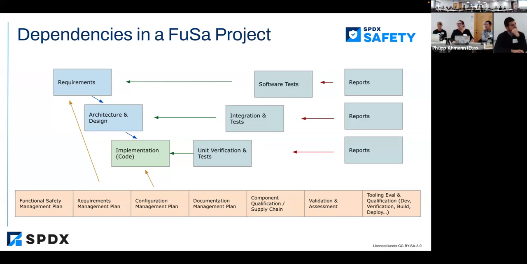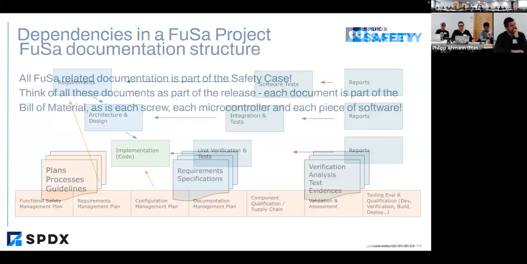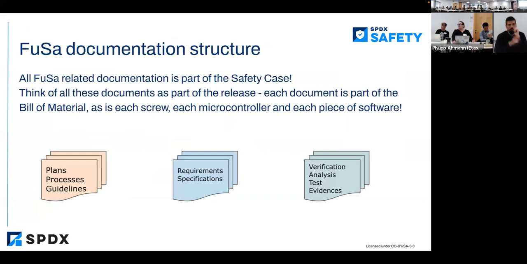It's our V model. We have our supporting processes that somehow are connected in what we are doing in these documents and work products. And actually, we mainly have three kinds of documents in our Fusa documentation.